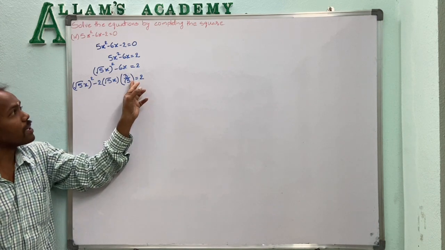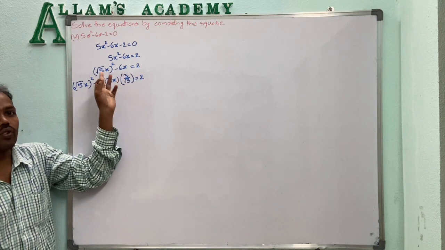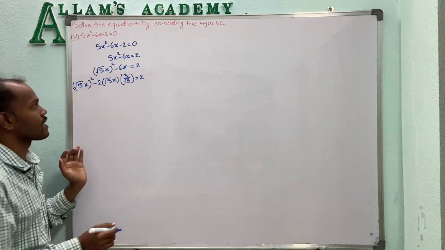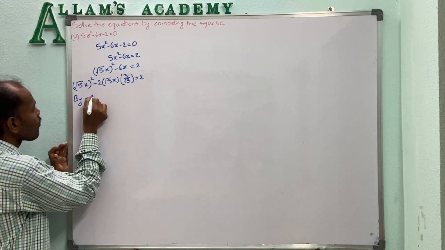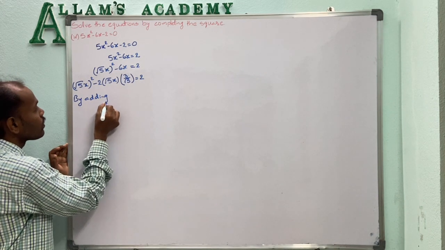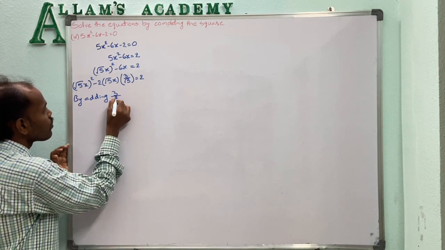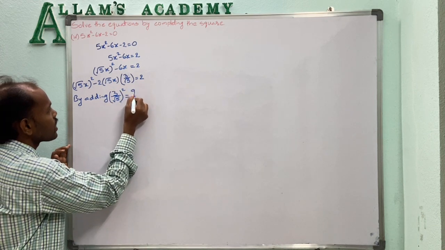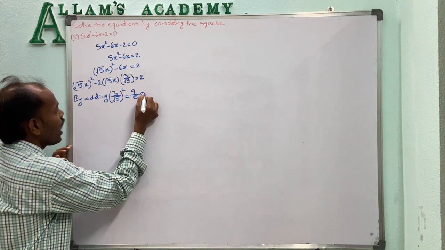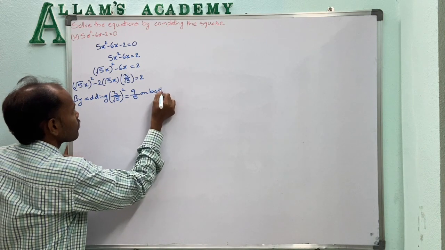So now the b² term means (3/√5)², which we add on both sides. By adding (3/√5)², that is nothing but 9/5, on both sides.